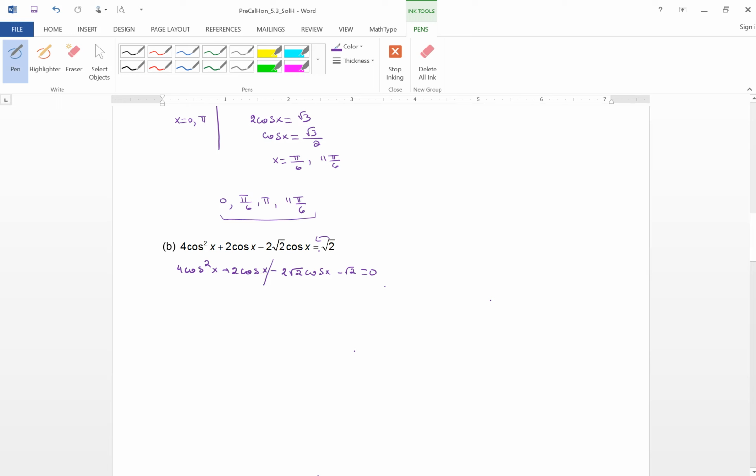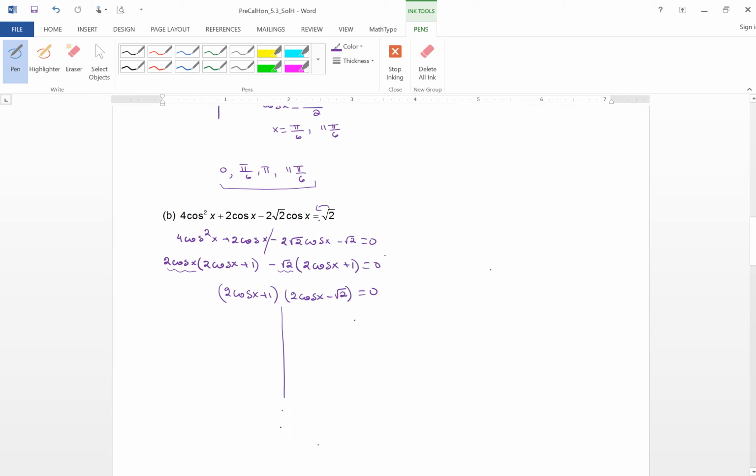Here we can factor out a 2 cosine x, and we get 2 cosine x plus 1, minus root 2 times 2 cosine x plus 1. So factoring out that common term, I'm left with 2 cosine x minus root 2 equals 0. Same thing as before.